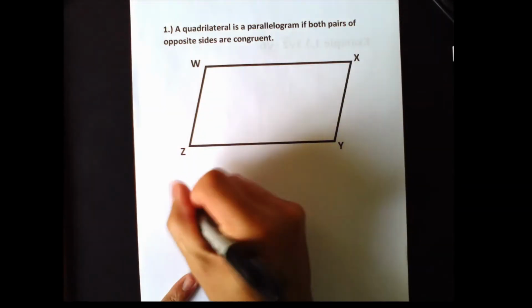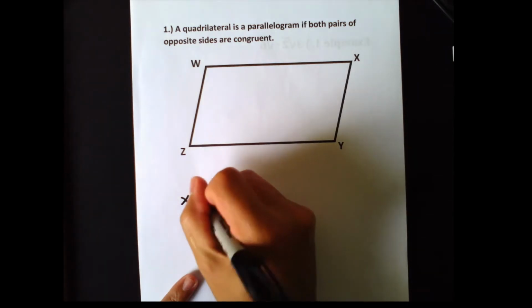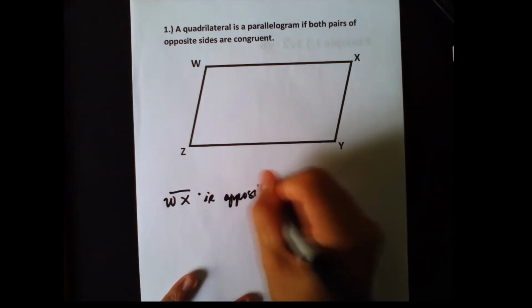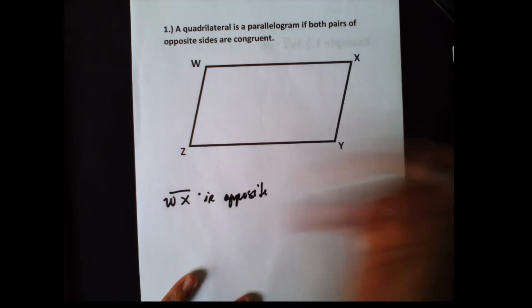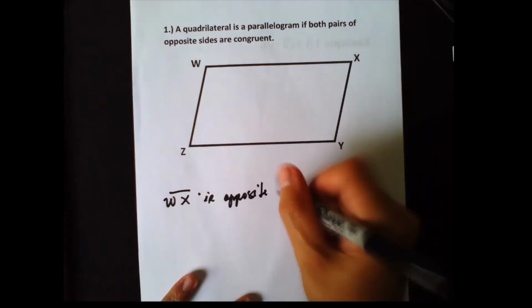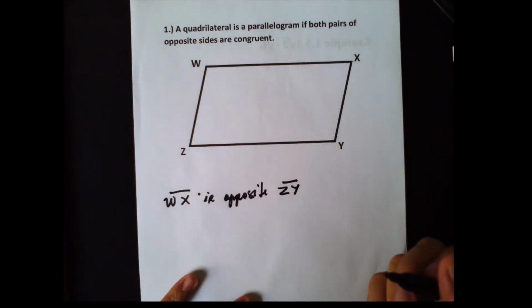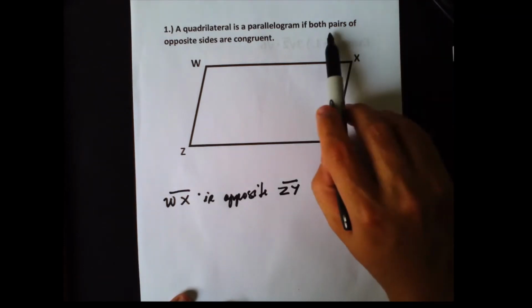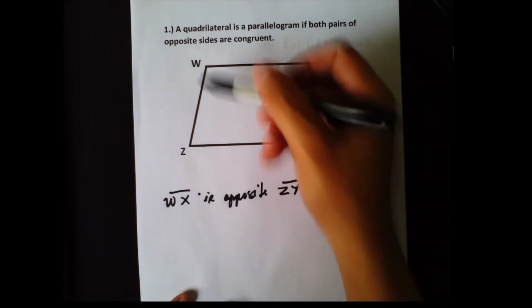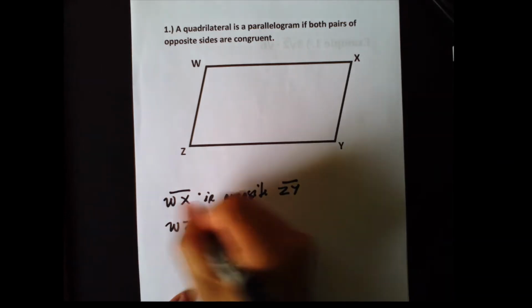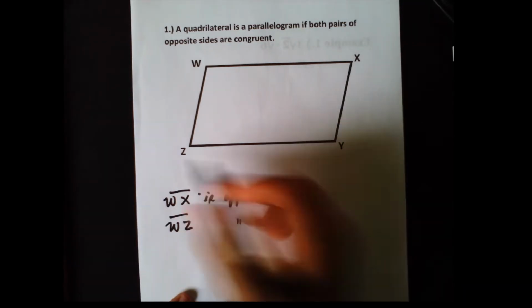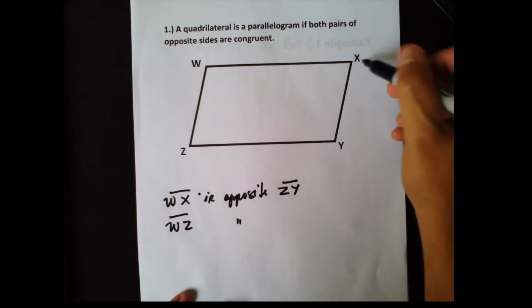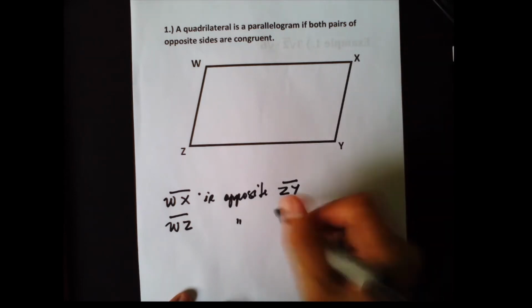Side WX is opposite to side ZY. And also the other pair, since we're talking about pairs: side WZ is opposite to side XY.